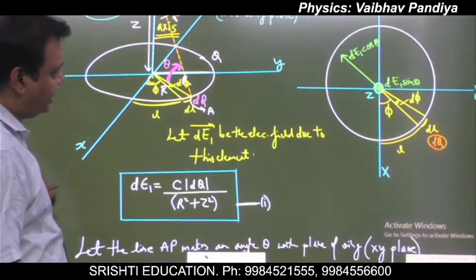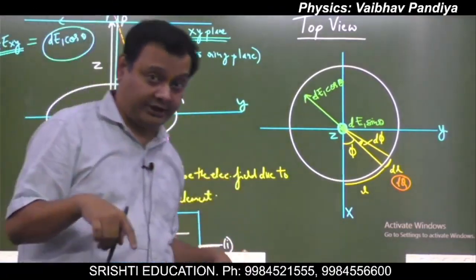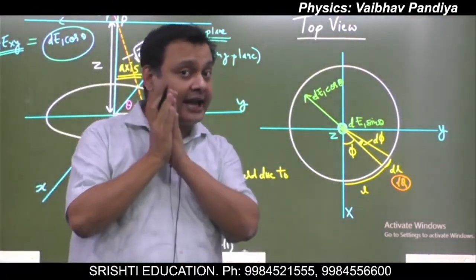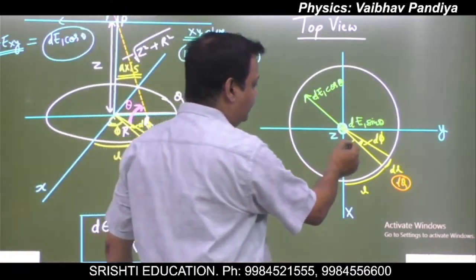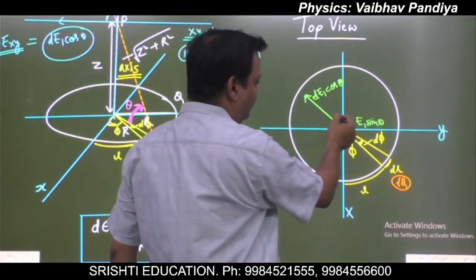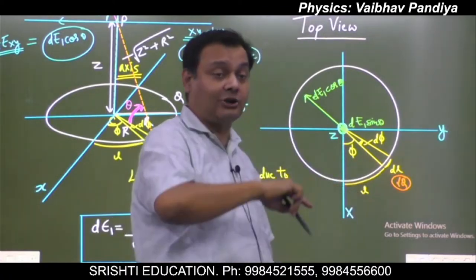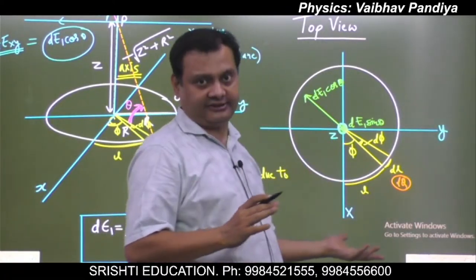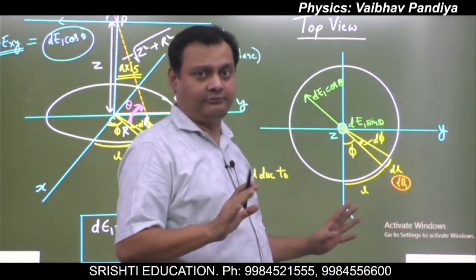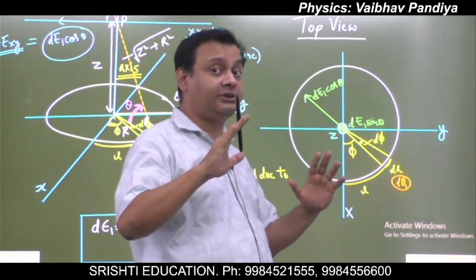Now dE1 cos theta is the xy component. If this angle is phi, this angle will also be phi, vertically opposite angle. So we have to further take the components of dE1 cos theta on the x-axis and y-axis. Clear? When you are integrating, we have to integrate on the three axes.